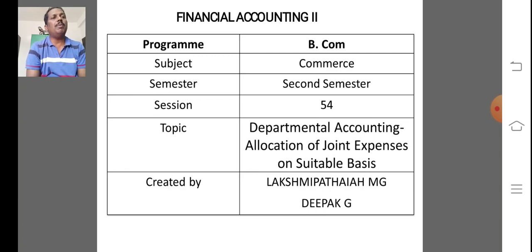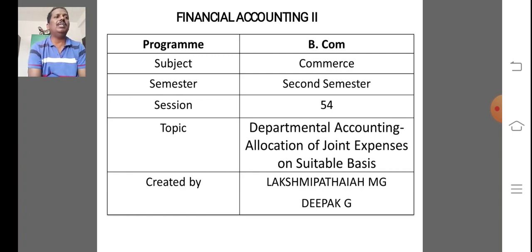So the details of opening stock, purchases and purchase returns, sales returns and closing stock of each department would be available from the accounting records. However, the details regarding direct expenses may be available individually for each department, or the total amount of expenditure incurred without individual breakup may be available.